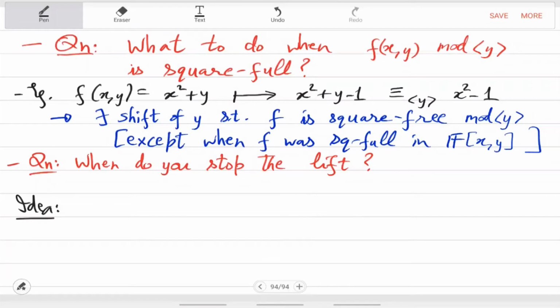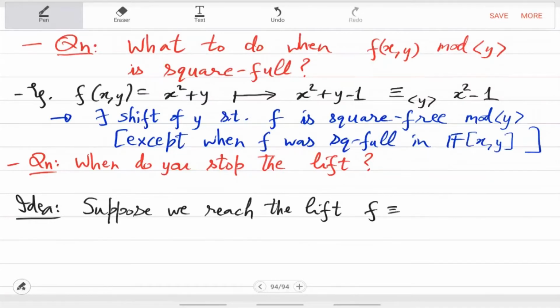so suppose you reach a point 2 raised to k, where f is gk times hk mod y to the 2 raised to k.